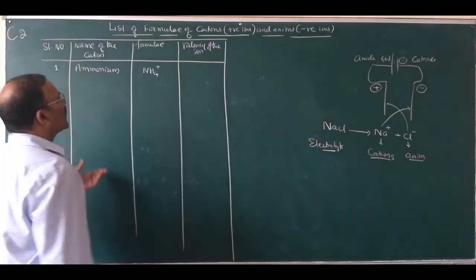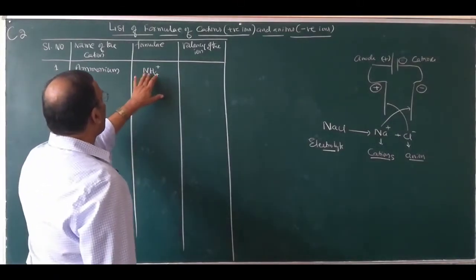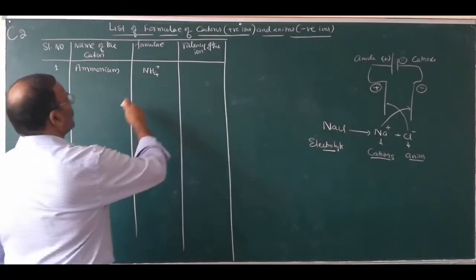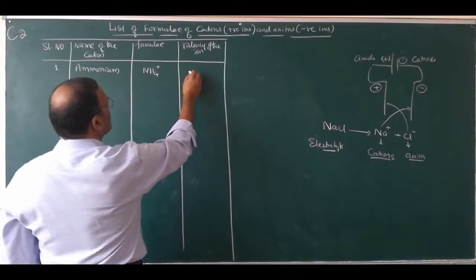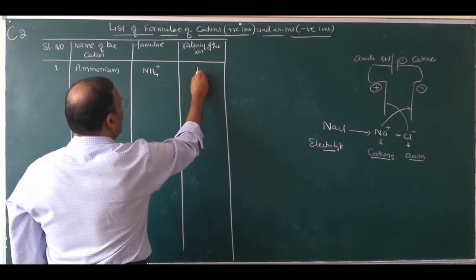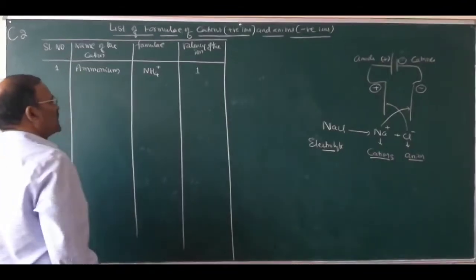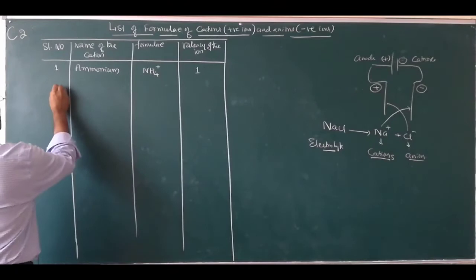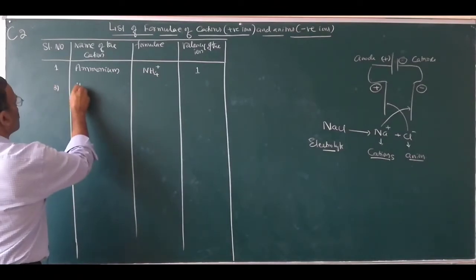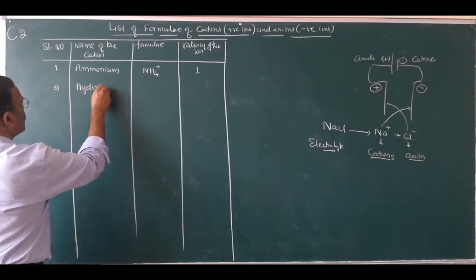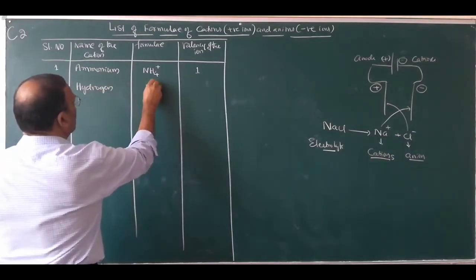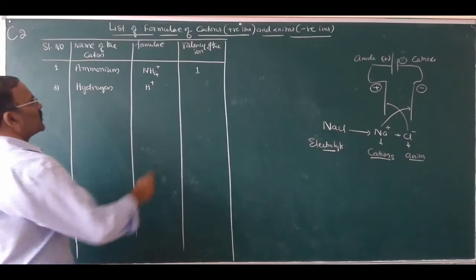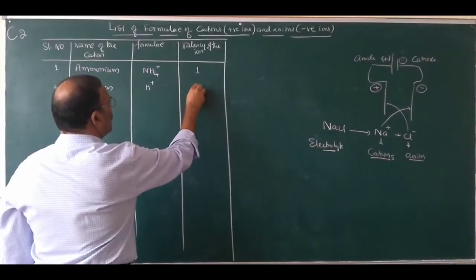Valency is the number of charges carried by the ion. So this one is plus 1. Number 2 is the hydrogen ion, so this one is also plus 1.